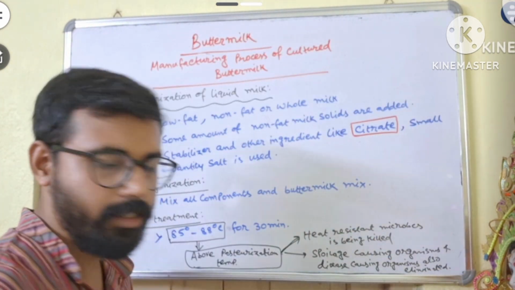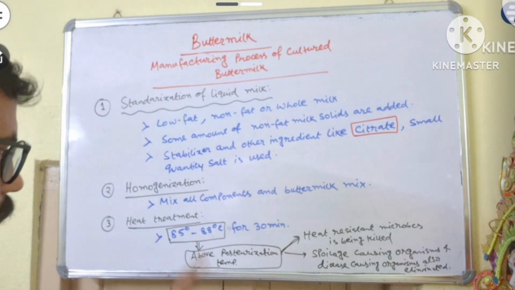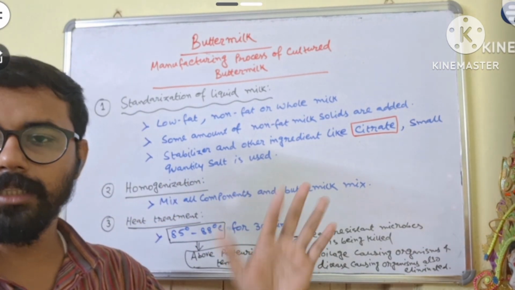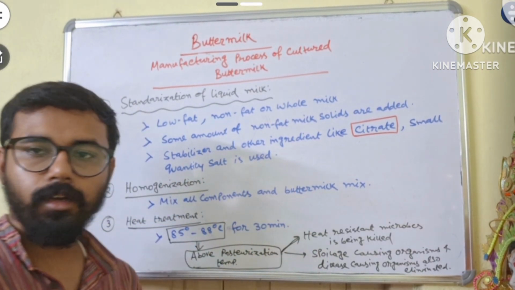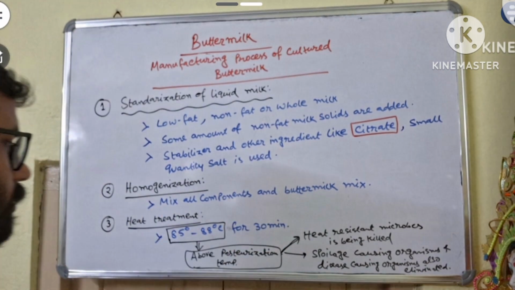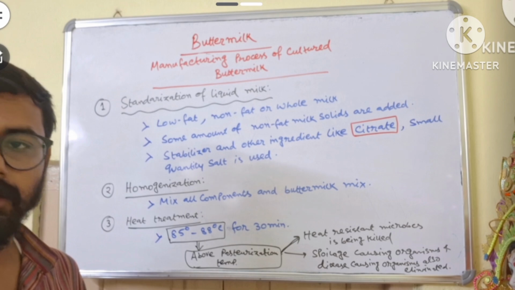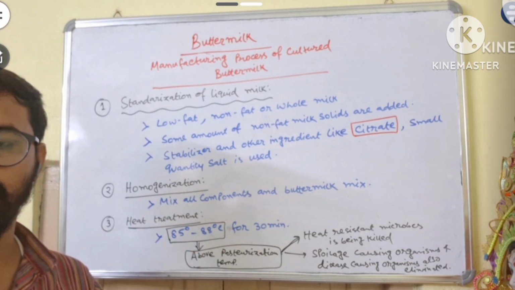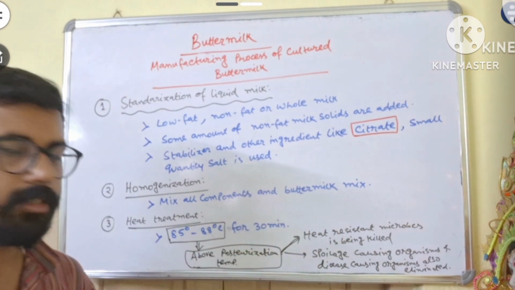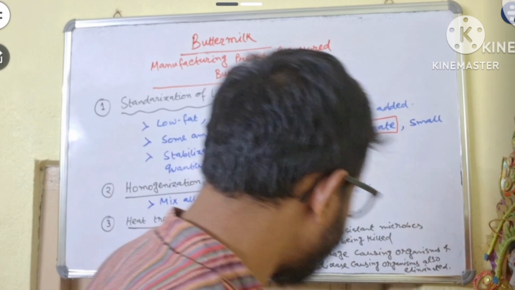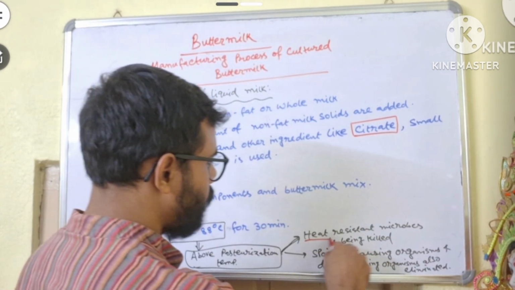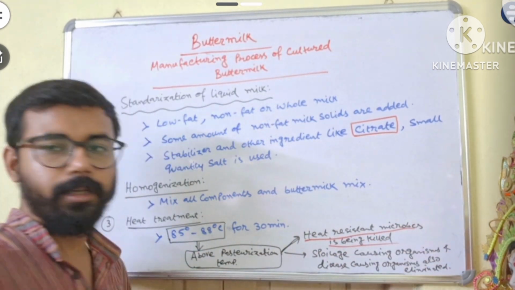Normal pasteurization temperature is 72 degrees centigrade, but here we use plus 10 to 12 degrees from the pasteurization temperature. That means 85 to 88 degrees. Pasteurization also kills spoilage causing and disease causing microbes, but heat resistant microbes survive at pasteurization temperature.